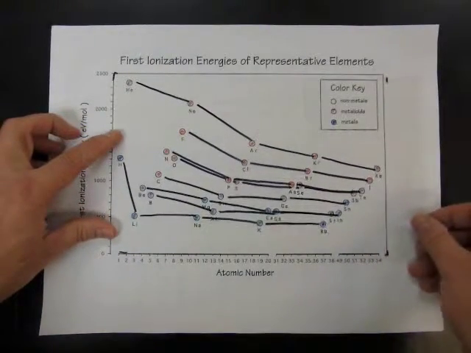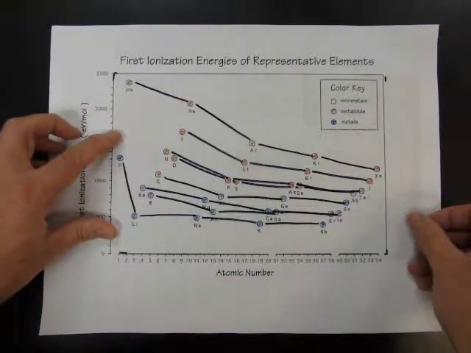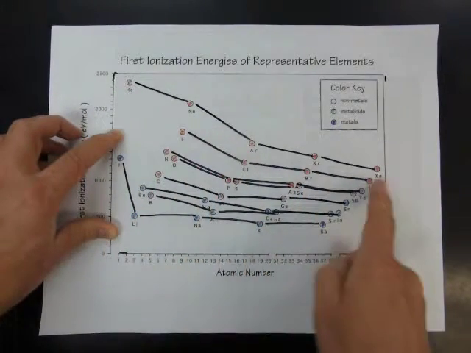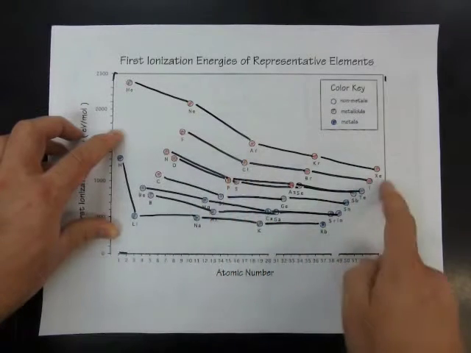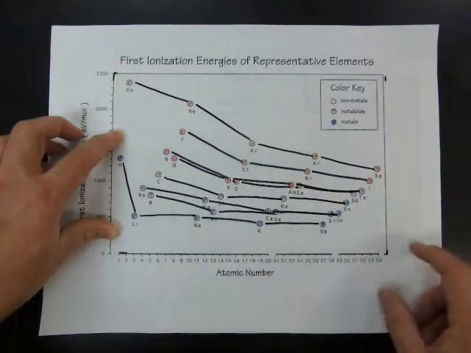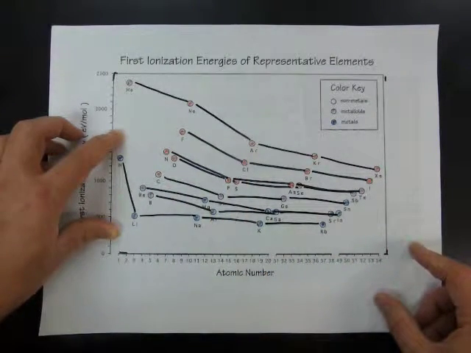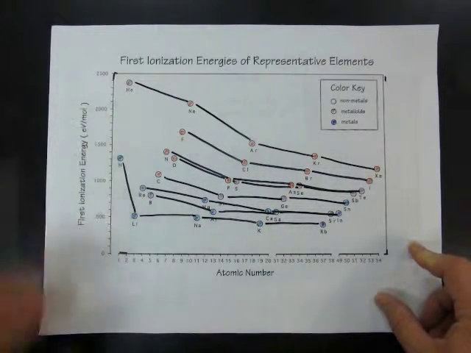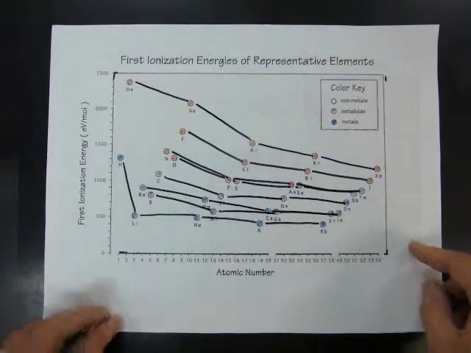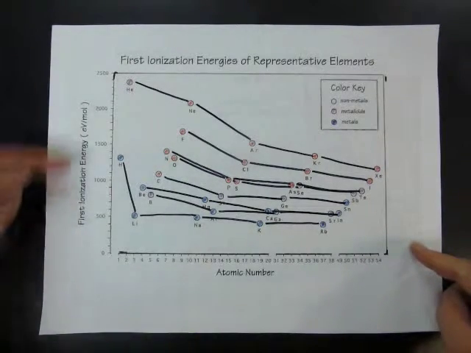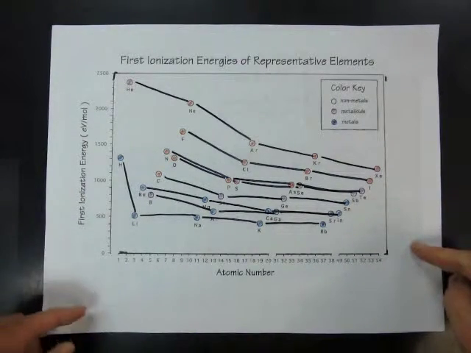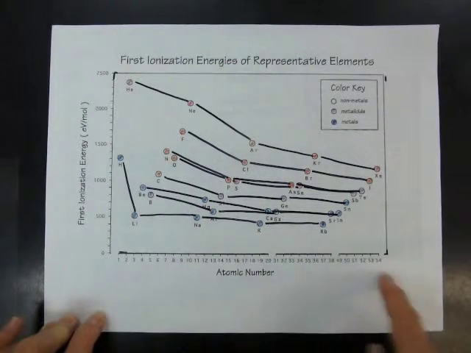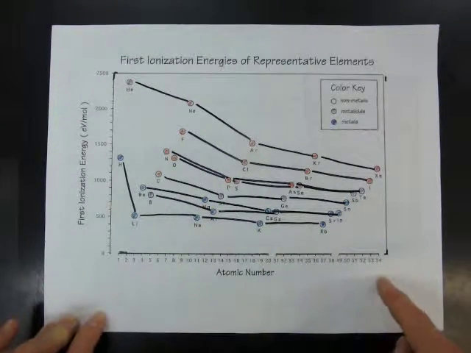So let me just overlay this. For elements that are in the same group, for example, group 18, helium, neon, argon, krypton, and xenon, if I connected those points and so on through the other groups in the data table, what we're looking for is a general trend in what's happening to the ionization energy measurement, the attraction between the nucleus and the valence electrons, and the atomic number, or the size of the element on the periodic table.